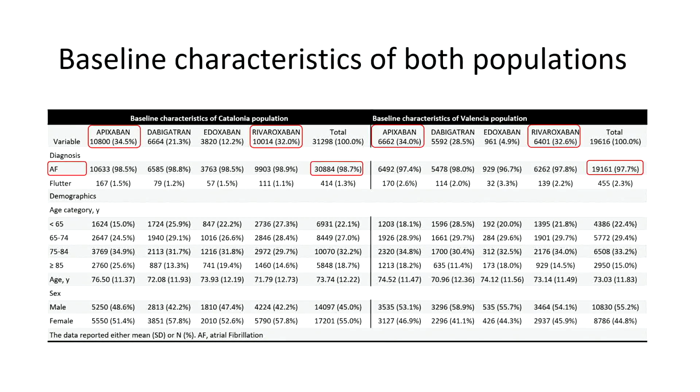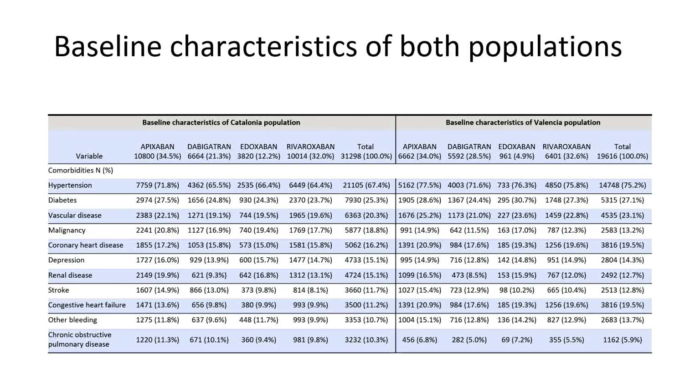In both cohorts, mean age is 73 years, and the age range with the most patients is 75 to 84 years. The majority of patients in the Catalonia cohort were female, compared to the Valencia cohort, where the majority of patients were male.